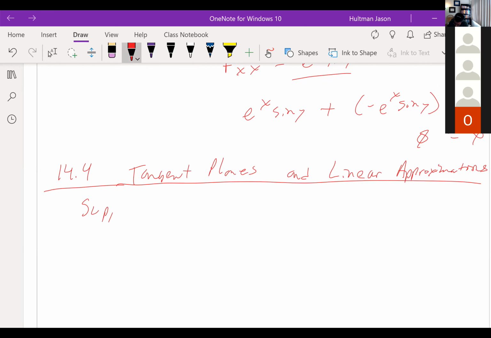Okay, suppose f has continuous partial derivatives.